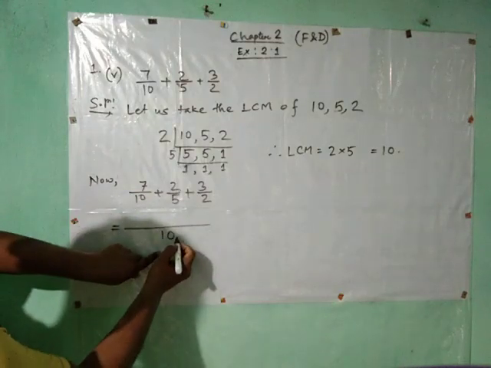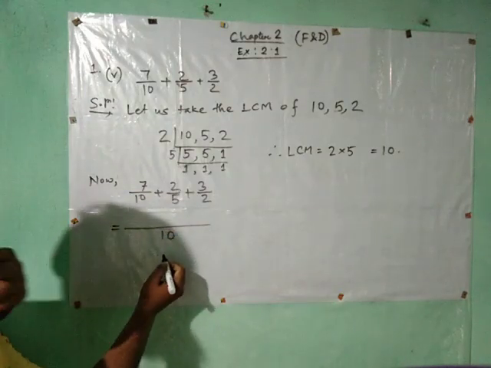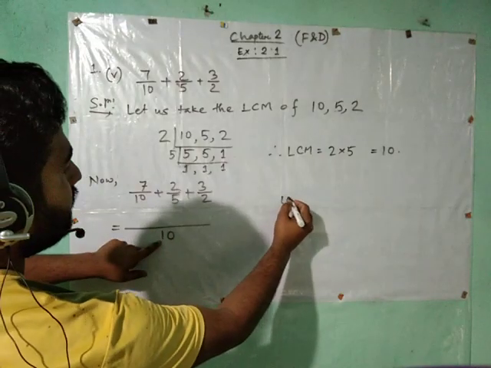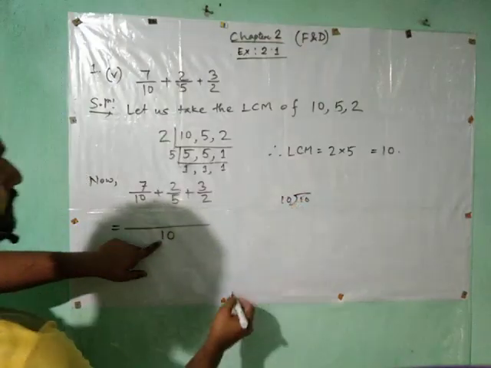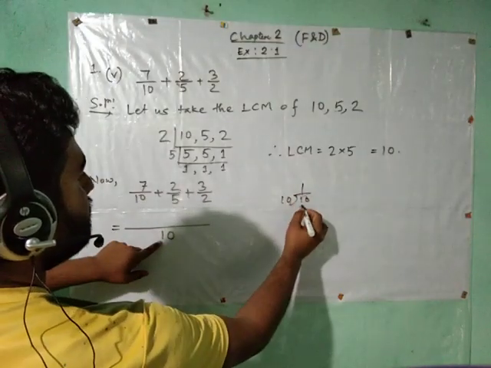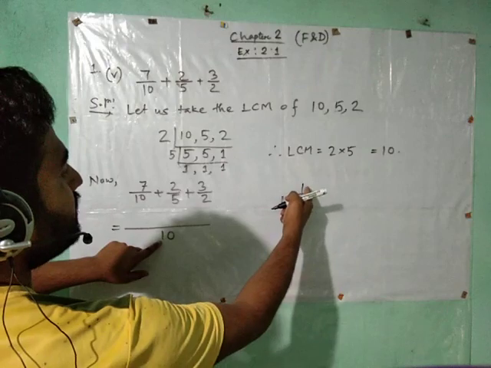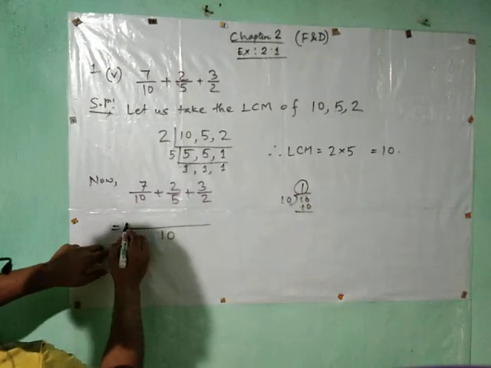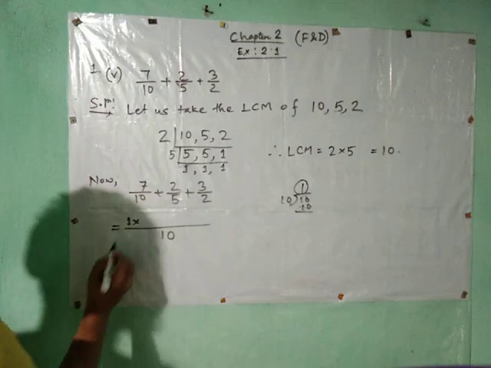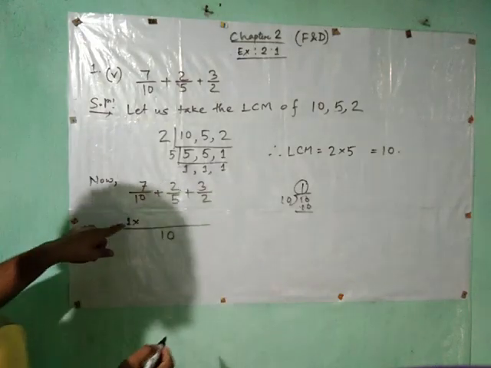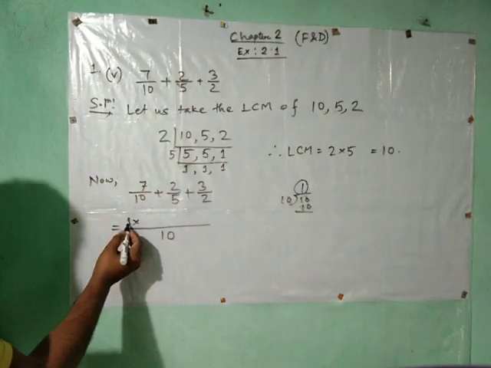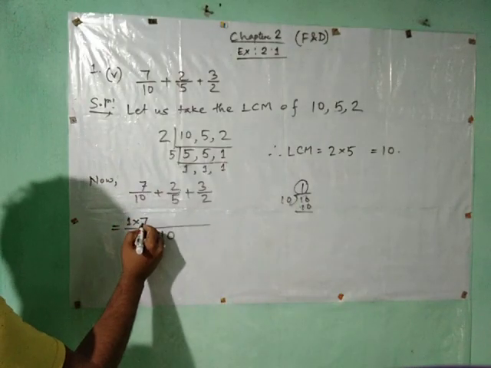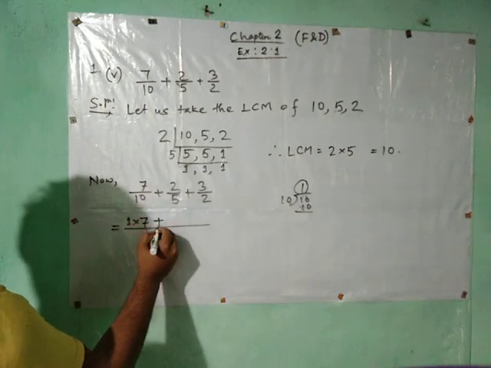You divide this 10 by this number. 10 divided by 10, 10 1s are 10, so the quotient is 1. You write down 1 here. Multiply. Most of you have done mistakes in this step. This 1 will come here, 1 into 7, plus.